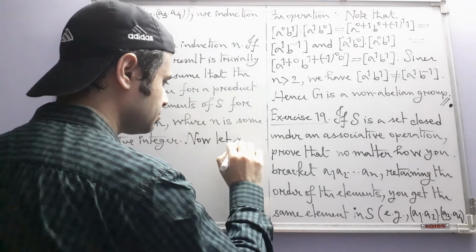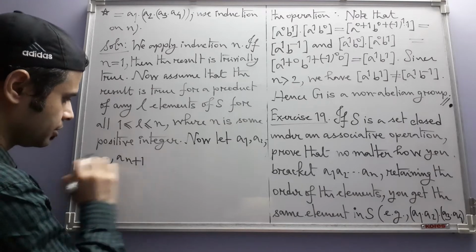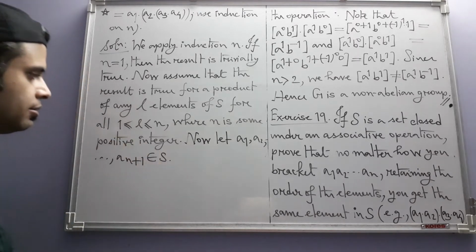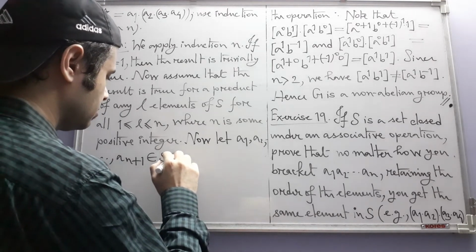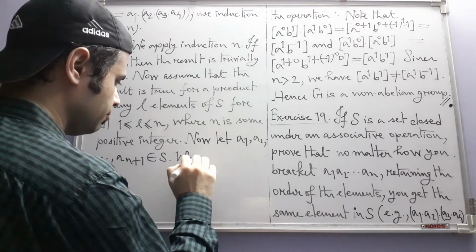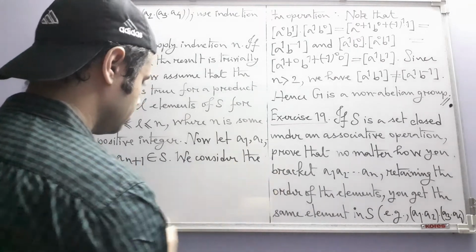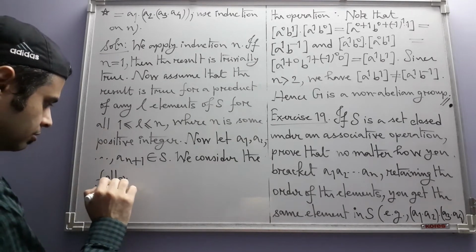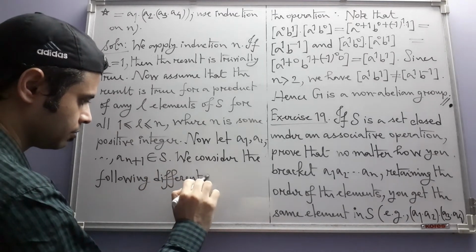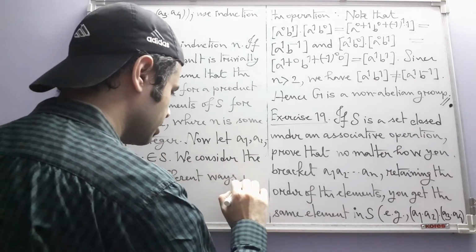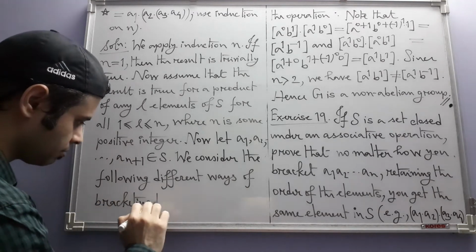Now let A1, A2, etc. till An plus 1, these are elements in S. We consider the following different ways of bracketing the product.